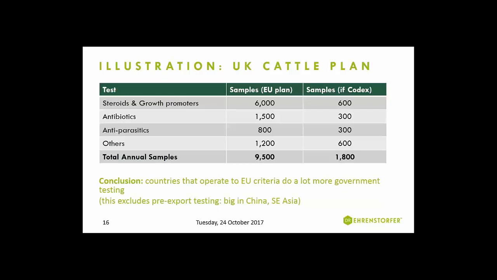But you can see the difference in scale, even for a relatively small country like the UK. And this is why there's so much emphasis on EU testing requirements and analyte lists. In terms of the global testing market, it accounts for the vast bulk of the samples taken and tests delivered, especially if you add in the enormous amount of pre-export testing that is done in places like Southeast Asia.